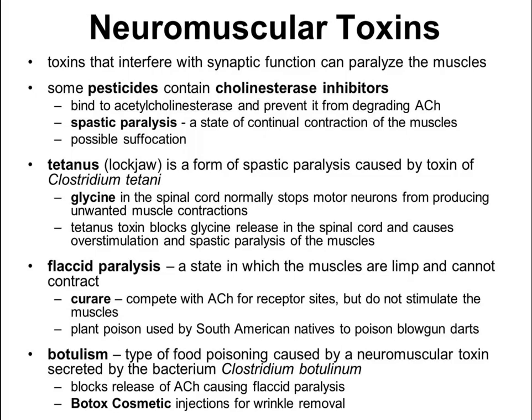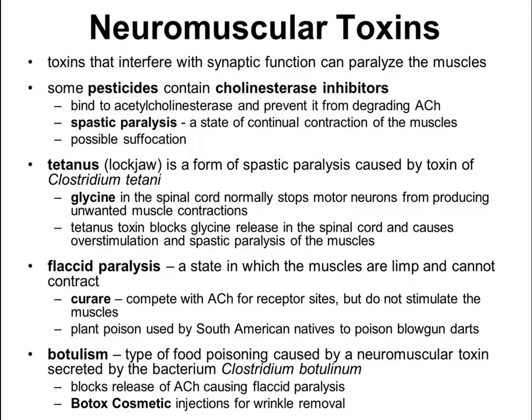So here's one that can actually bind. Sometimes in pesticides we see a chemical that can bind to that enzyme that's supposed to break down the acetylcholine. If that enzyme can't get loose or can't break down the acetylcholine, basically your muscle would never stop contracting, right?